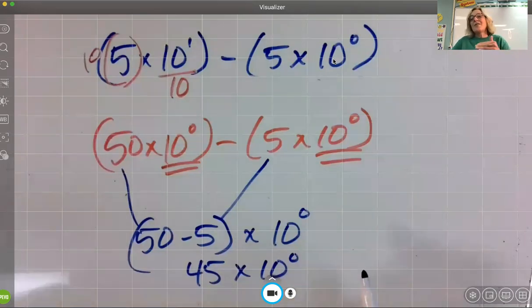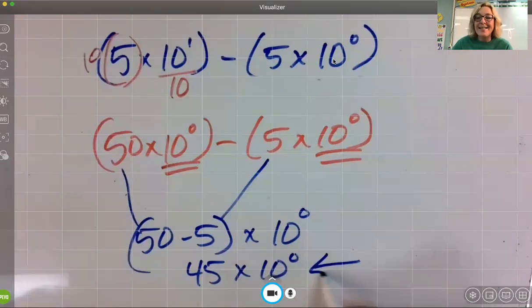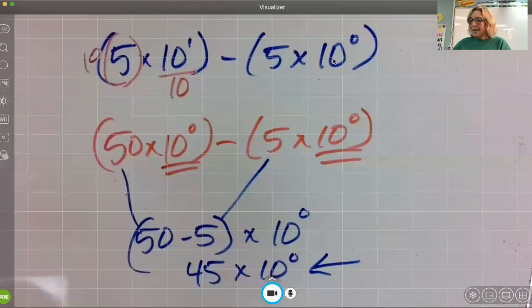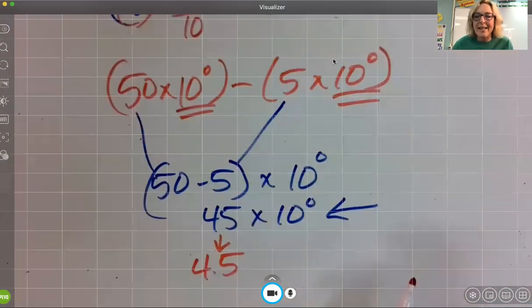Now, the only other step we still need to take is that we need to rewrite this answer so that it is in scientific notation. So we're going to do the same thinking. We need 45 to be expressed as 4 5/10, right? Because the coefficient has to be greater than or equal to 1 and less than 10.